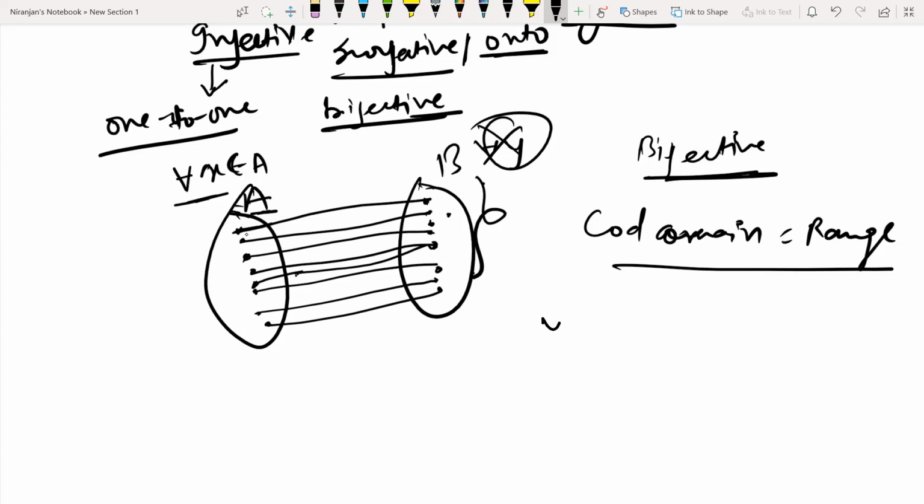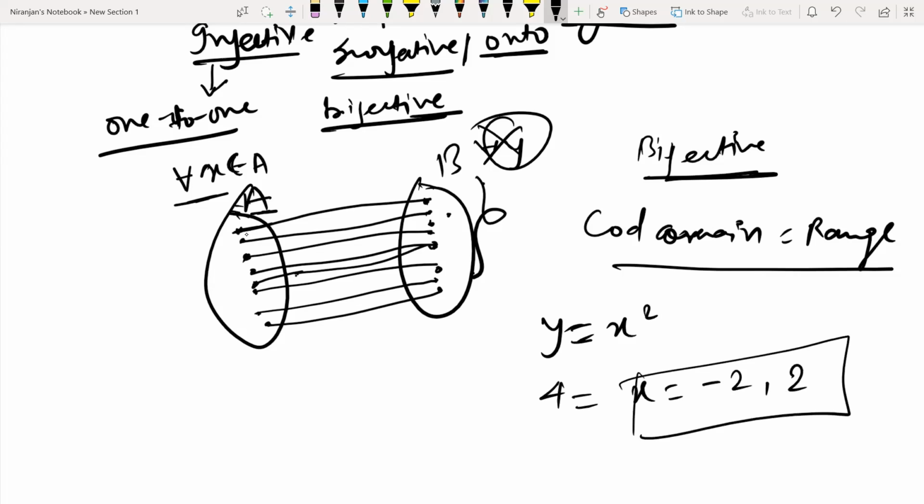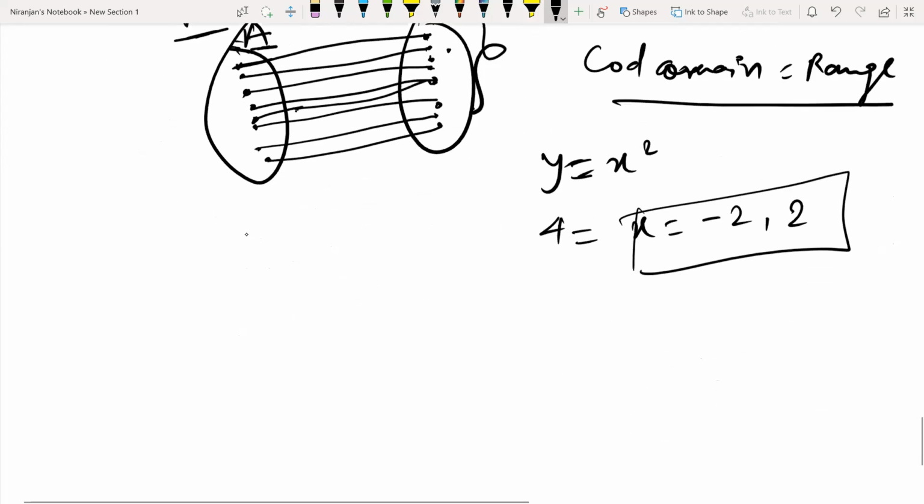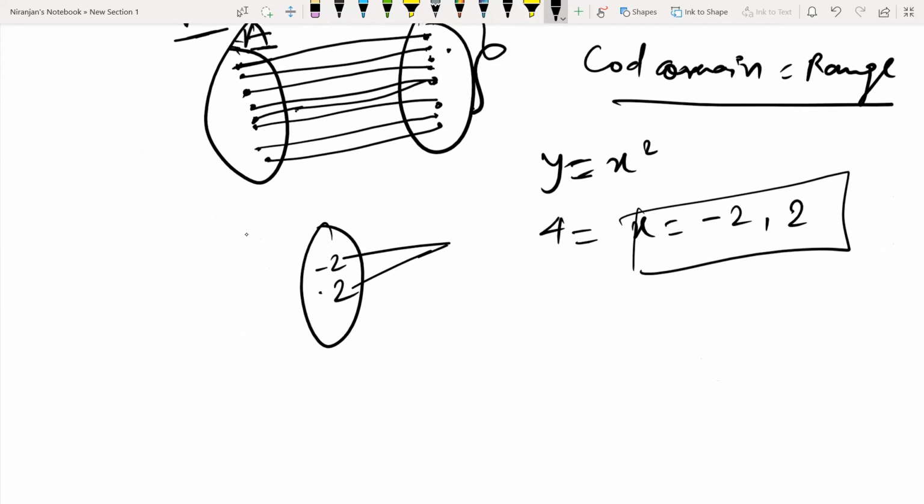I'm sure you guys know the function y equal to x squared, and if you take y equal to 4, then your x is going to be -2 and 2. Then this is basically a many to one function. If you have elements -2 and 2, then these two are going to map to the same value in y. That's how you know that this is many to one.